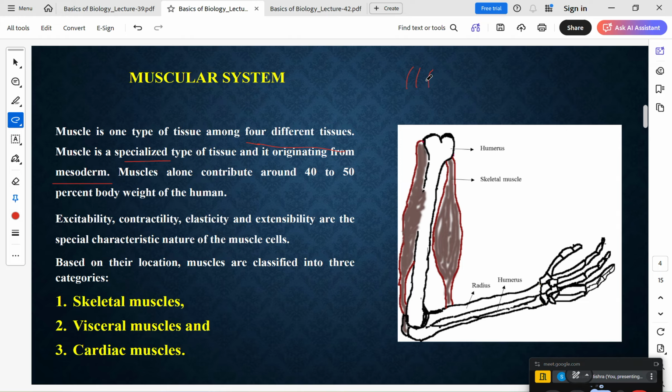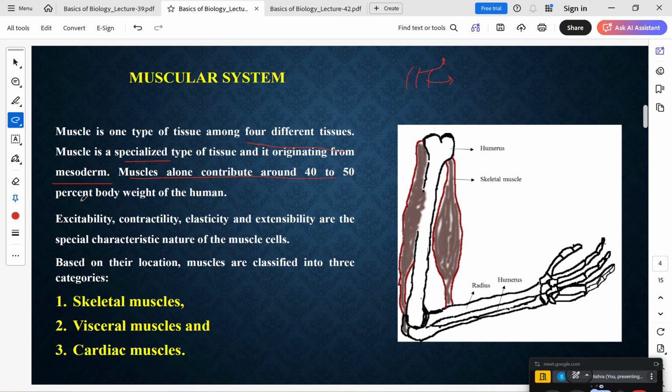During development, there is the endoderm, which gives rise to certain organs, mostly the alimentary canal. All of the alimentary canal is derived from the endoderm. There is the mesoderm, which gives rise to muscles. There is the ectoderm, which gives rise to skin, nervous system, etc.